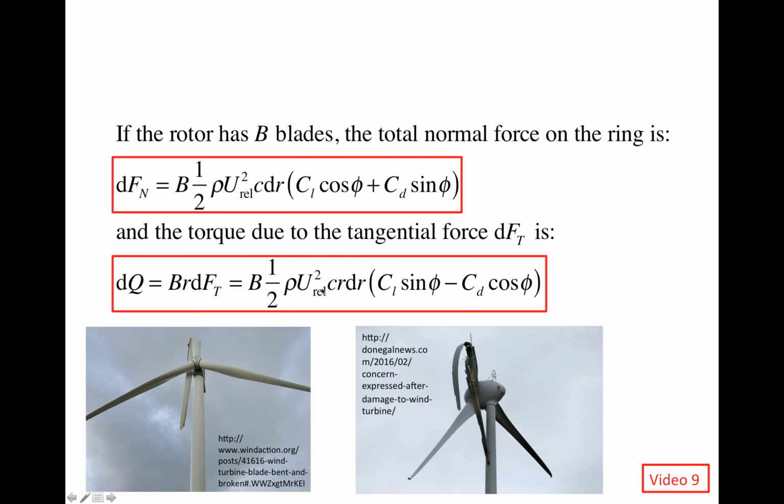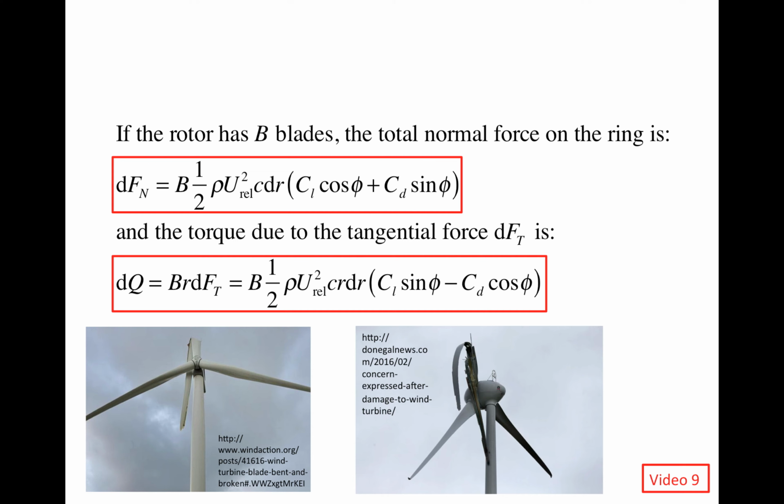And we know that the relative wind speed also increases with R. So both normal force and the torque increase with the radius. So if everything else is equal, the blade sections located at larger radius are going to experience higher normal forces and torque than those located close to the root of the blade.